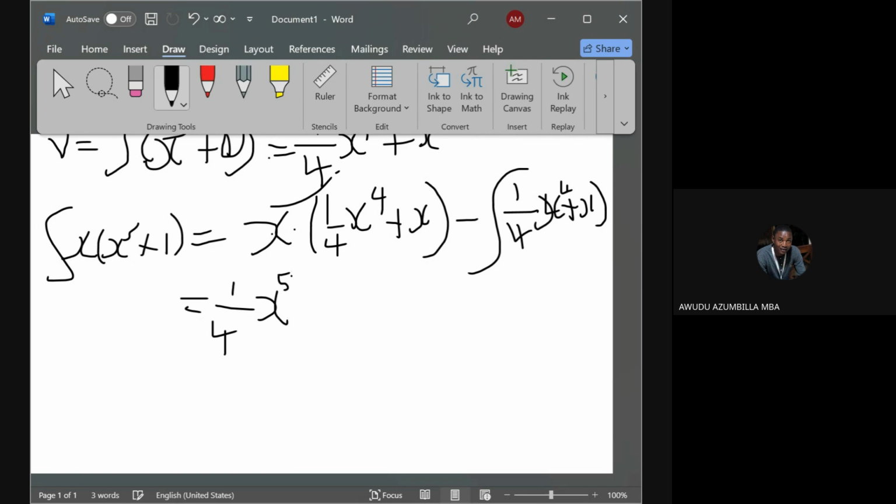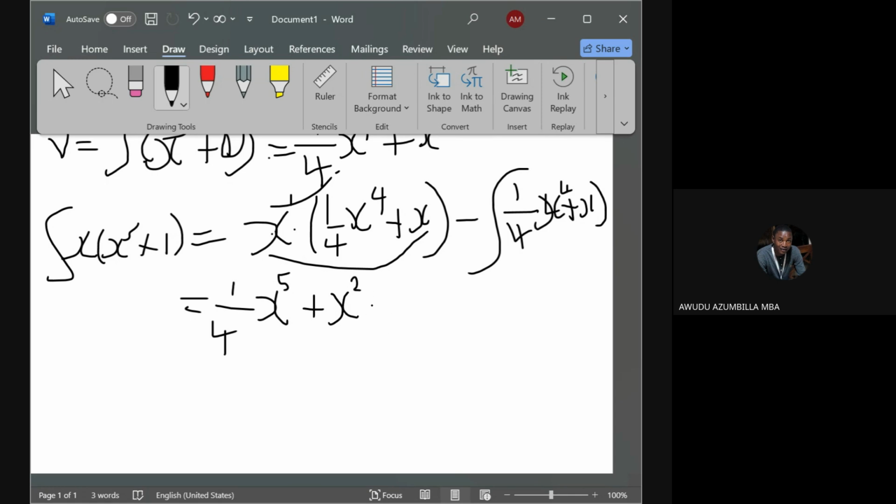Remember the product law of multiplication. If you are multiplying variables that have the same base, you have to add the exponents. Any number standing alone is over 1. So when we are multiplying this one and this, the bases are the same, so you add the exponents. That's why we have the 5 here. And the same thing, plus x multiplied by x, becomes x squared.